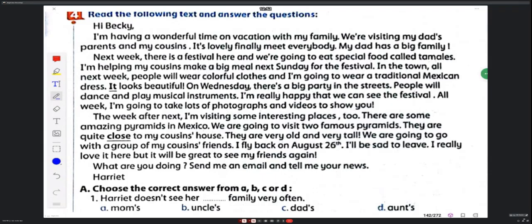No. A wonderful vacation in Mexico. A wonderful vacation in Mexico with my family. A wonderful vacation with my family. A wonderful vacation with my family in Mexico. A wonderful vacation in Mexico. All of these are correct.